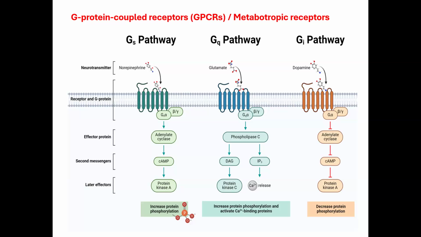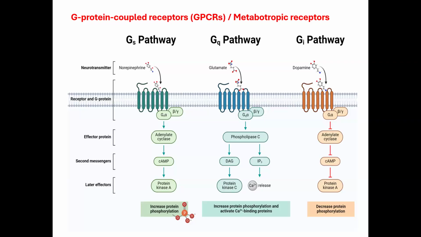So specifically for Gq coupled receptors, the messengers that are released within that cascade of reactions are basically DAG and IP3.